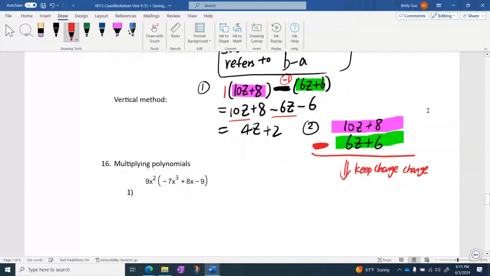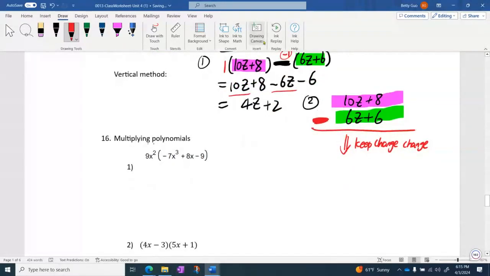What is the keep, change? I want you to keep the polynomial on the top, which is 10z plus 8. Keep the top polynomial. Change the minus sign to an addition sign. And change the green polynomial to its opposite: -6z minus 6.